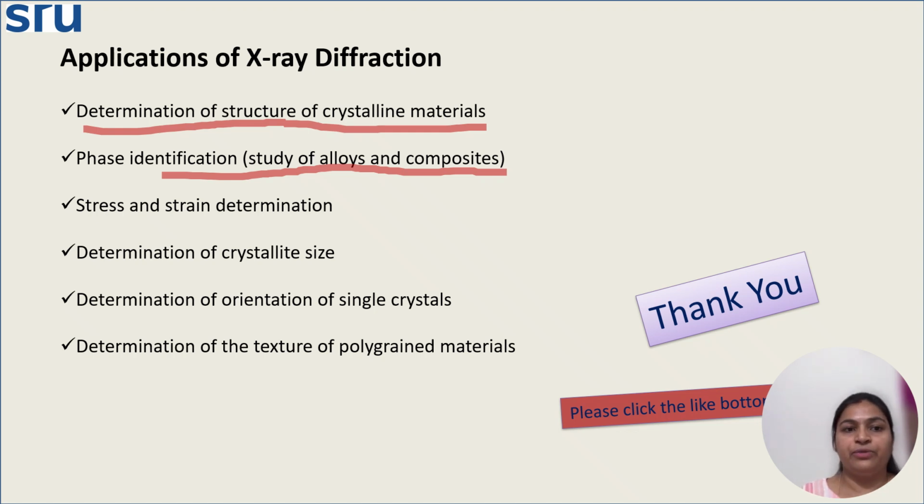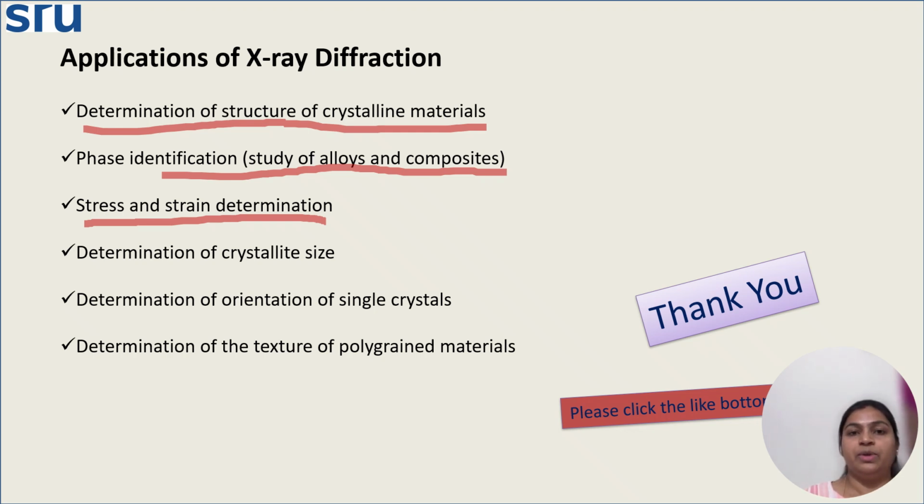Once you know the phase identification and the structure, we can also determine the stress and the strain. Another important parameter of crystalline materials to estimate and understand is the determination of the crystalline size.